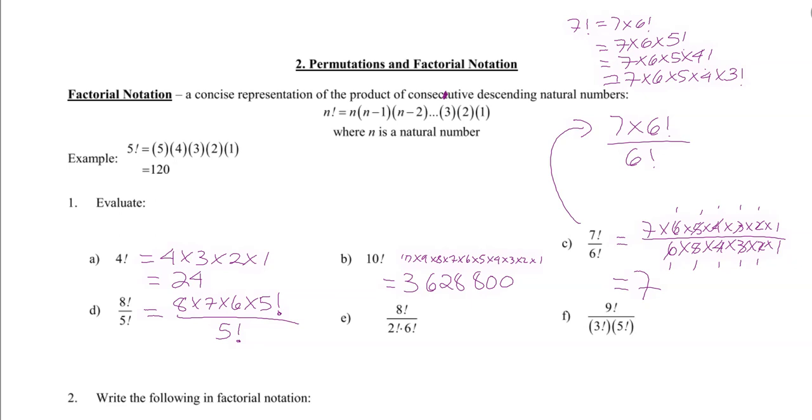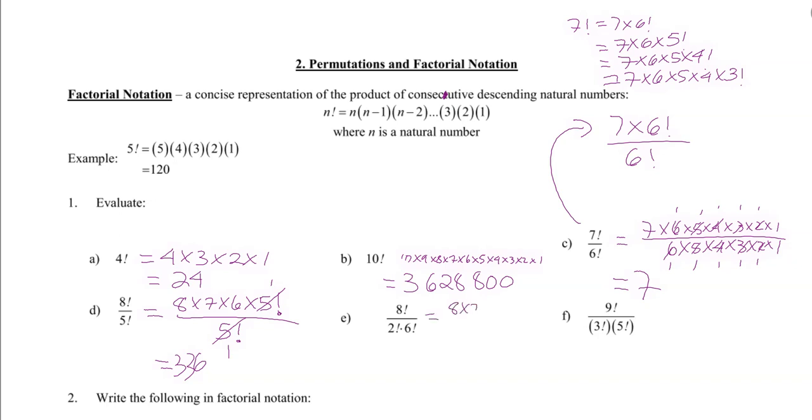So I start expanding 8 factorial, stop at 5 factorial, these cancel, and I just have 8 times 7 times 6, which is 56 times 6, which is 336 maybe? I don't know, try and find out. 42 times 8, yeah, 336.